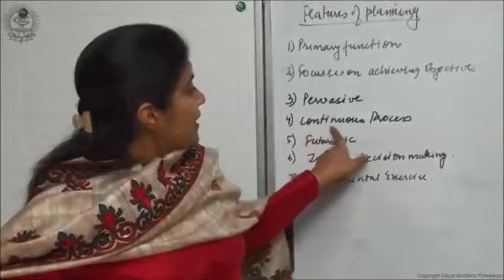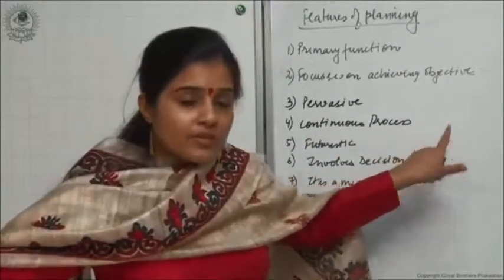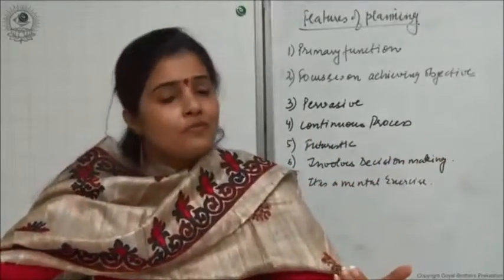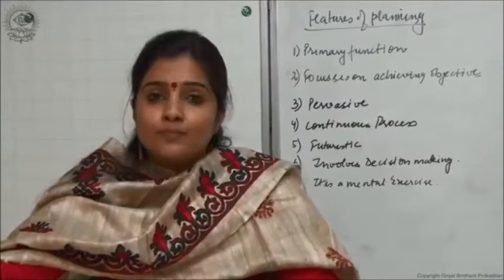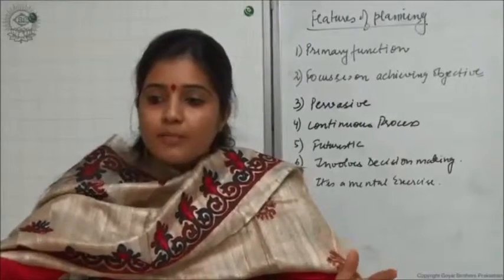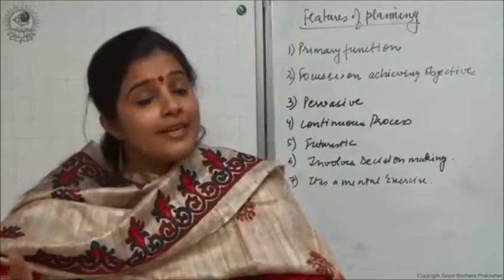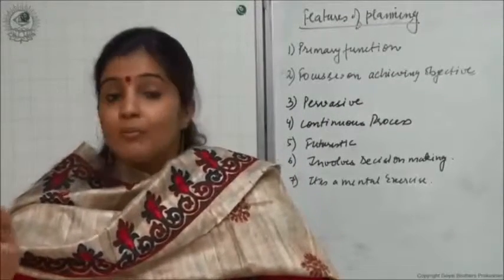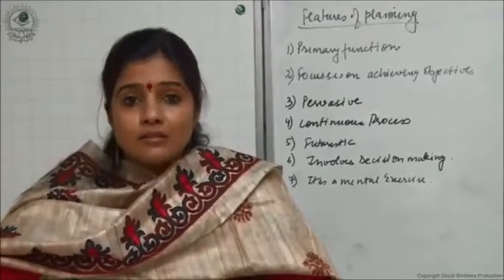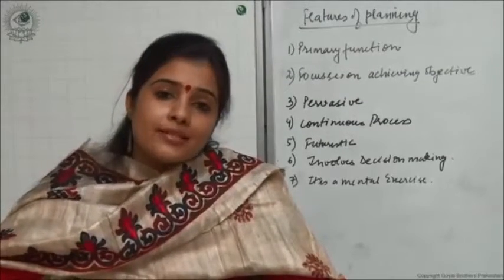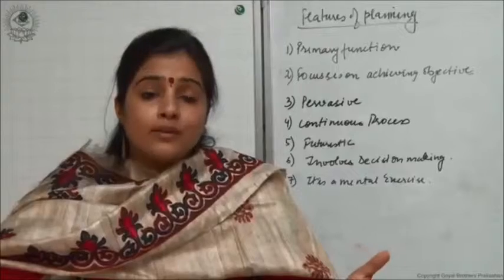Then we say planning is a continuous process. It is not that once you have made a plan, your job is over. Because planning is all about predicting the future and then deciding on the course of action. But future is highly uncertain. We are dealing with the external environment, which is highly volatile.